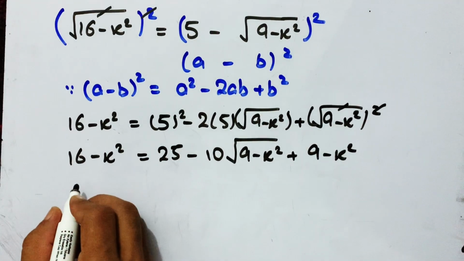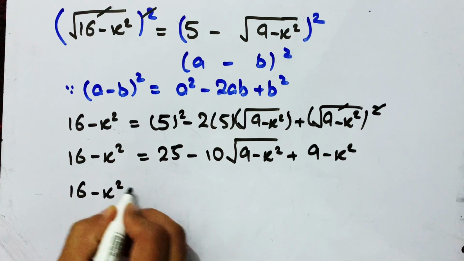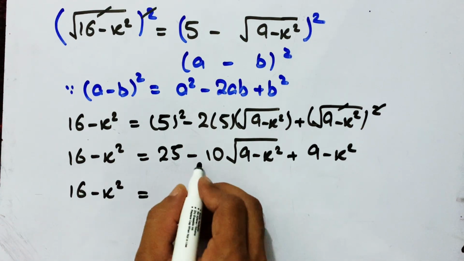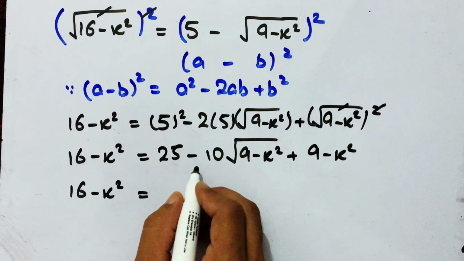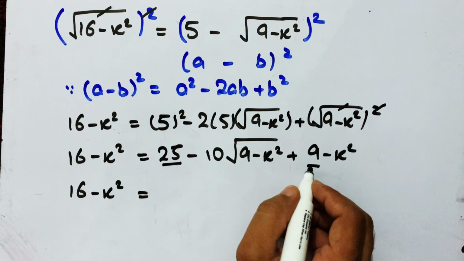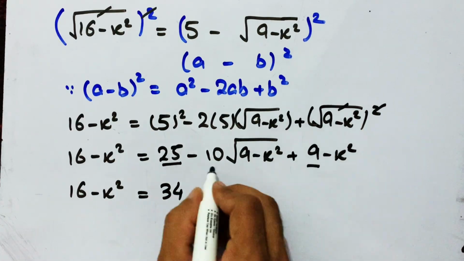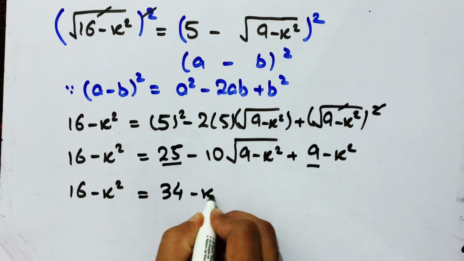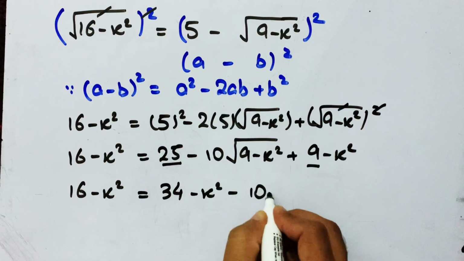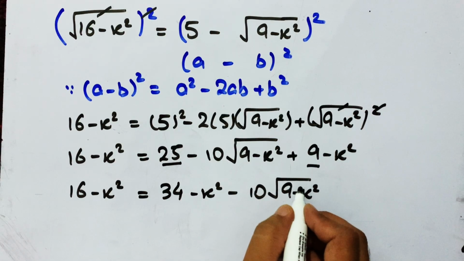So as we saw, our equation is 16 minus x square here, and I added 25 plus 9, which will be 34, and this term is minus x square minus 10 square root of 9 minus x square.